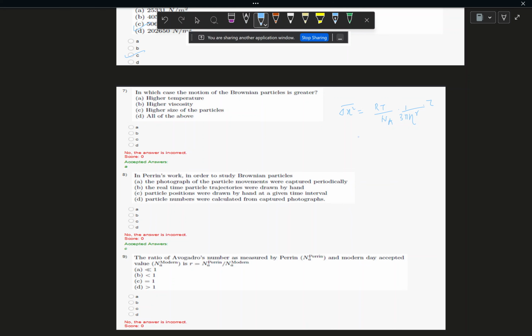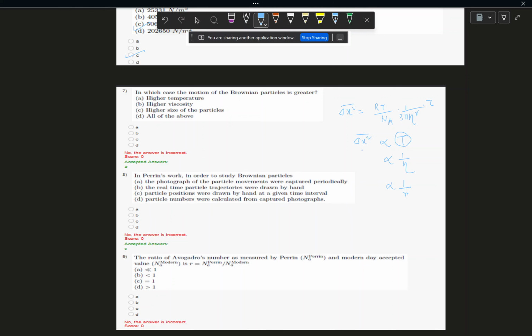So here you will directly see that this mean square displacement is directly proportional to temperature T. It is inversely proportional to viscosity because it is 1 by eta. It is also inversely proportional to the radius because 1 by r. So as you increase the temperature T, it will be directly proportional, so the mean square displacement will increase.